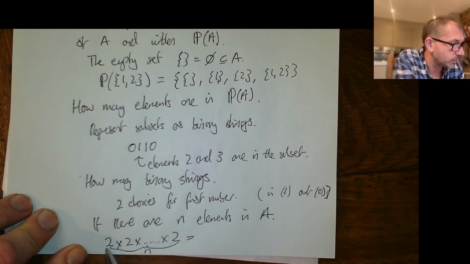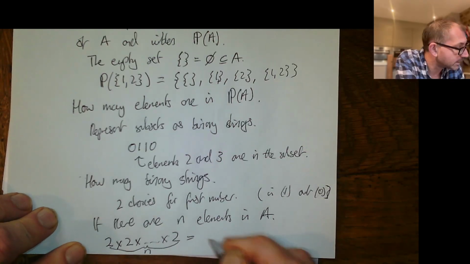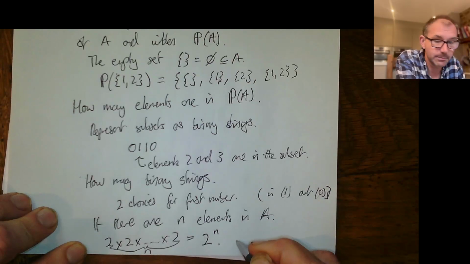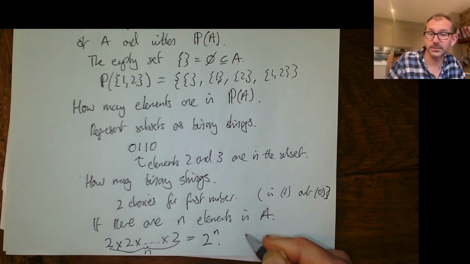And so what happens when you do 2 times 2 times 2 up to n times? Well, you get 2 to the n. And that is the total number of subsets.